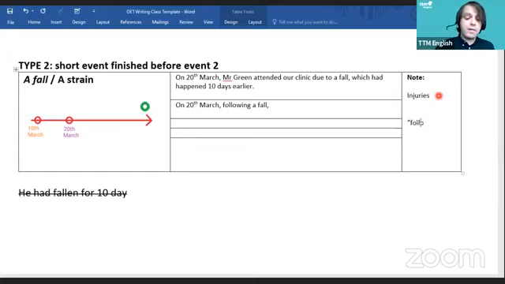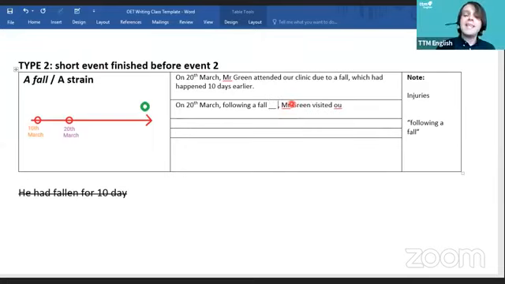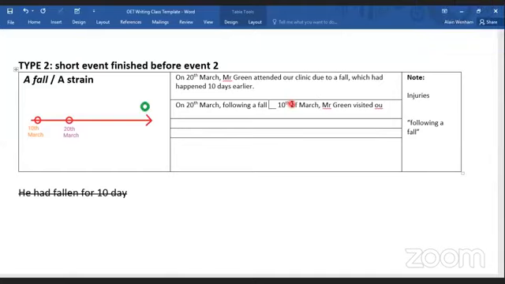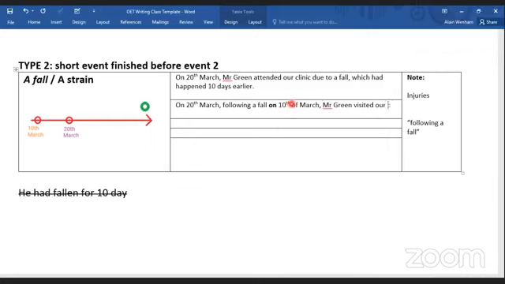So following a fall, he visited our clinic. Or you can say following a fall in 10th of March. But is it in, guys? I want on. So following a fall on 10th of March, Mr. Green visits our clinic. That's a good one.